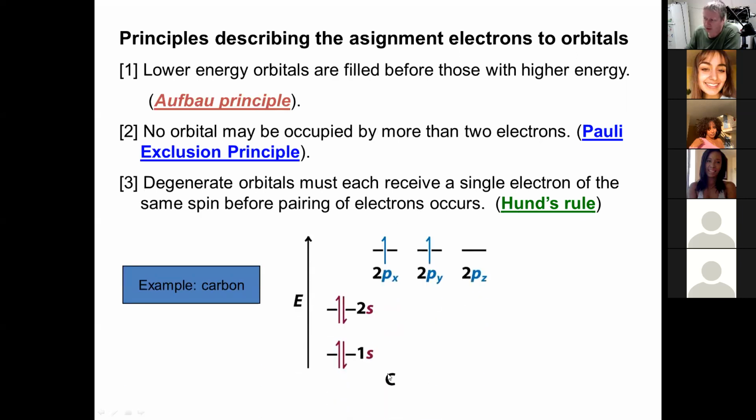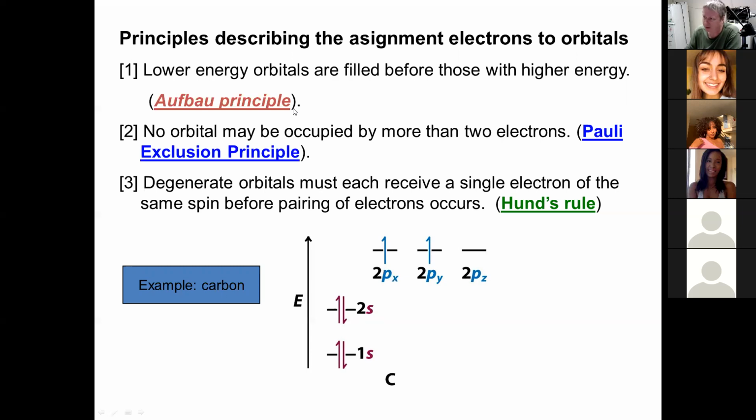So this is carbon in its neutral state, which has 4 electrons in the valence shell. The 1s orbitals are occupied by 2 electrons, and then we have the 2s orbitals. The valence electrons, there's 4 of them. So 2 go into the 2s, 1 each goes into the 2px and 2py, and then you have 2pz vacant, right?